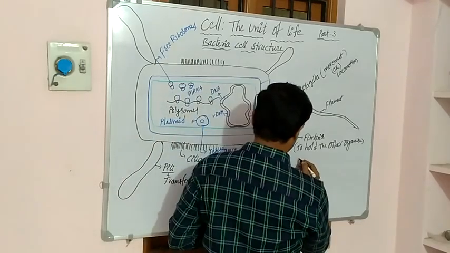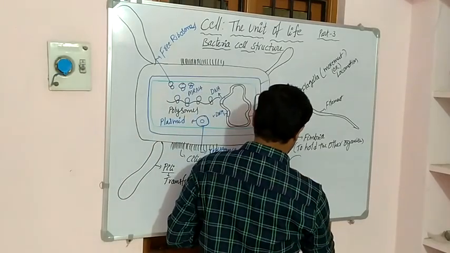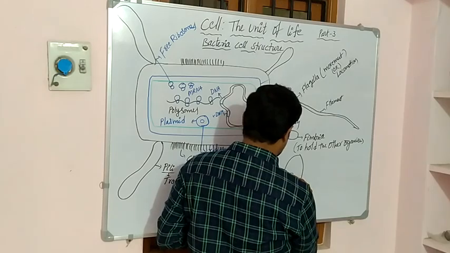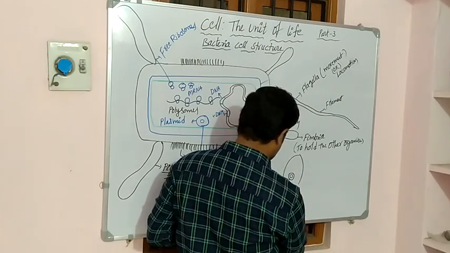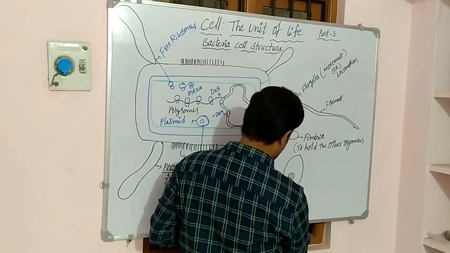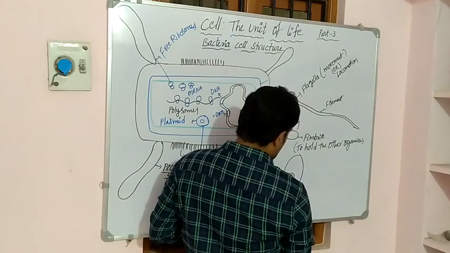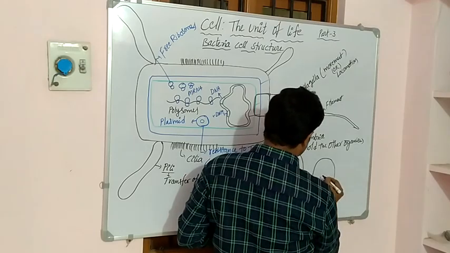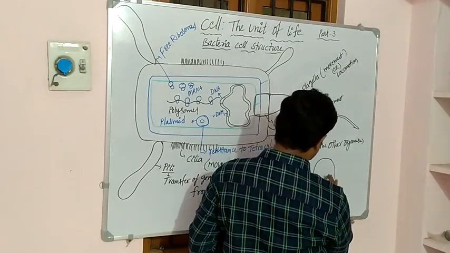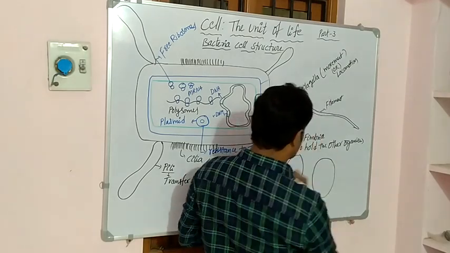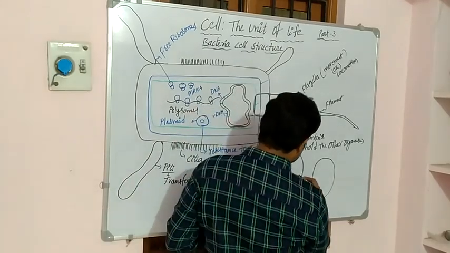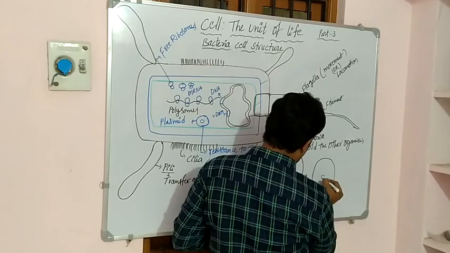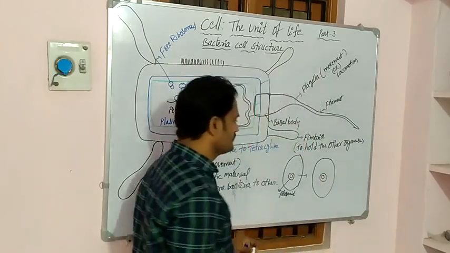Suppose this is one bacteria cell which consists of the plasmid, and some of the other bacteria lack the plasmid. Then this plasmid is given to the other bacteria.